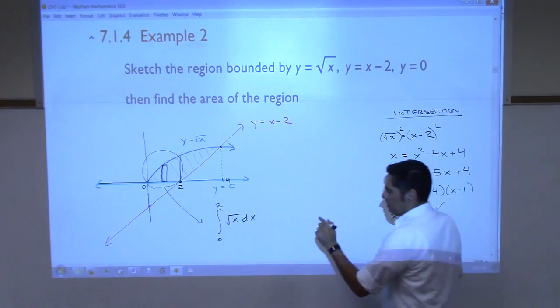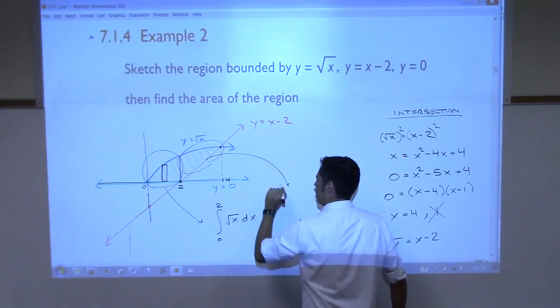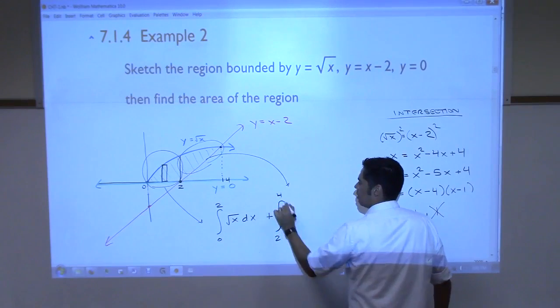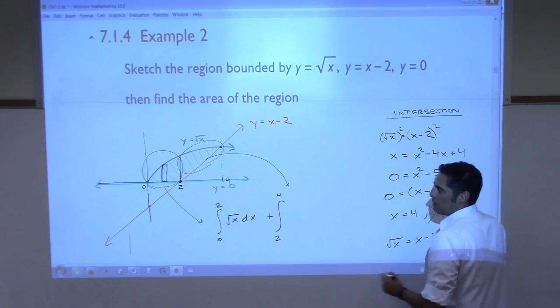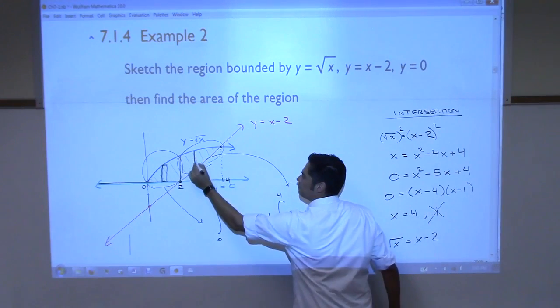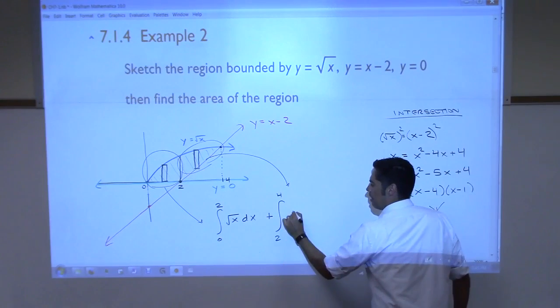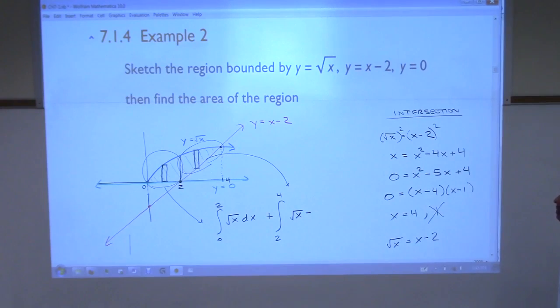Then, once we do that, we want to add to that the area of this region, which will be the integral from 2 to 4. This time we have to account for something though, right? Because our rectangle in here, the top is root x, right? Minus, but the bottom is x minus 2.